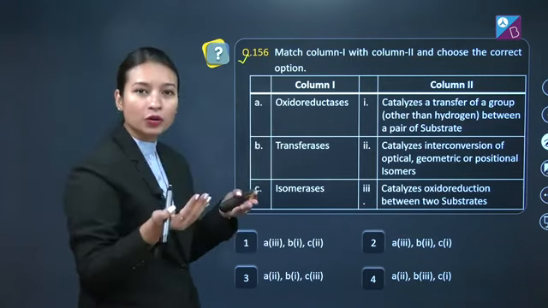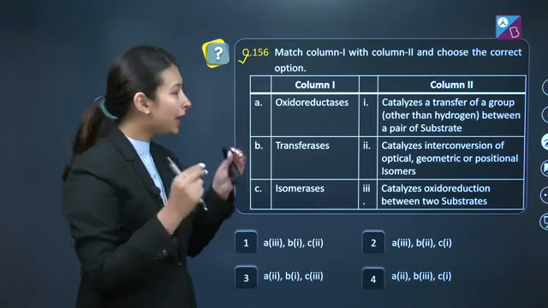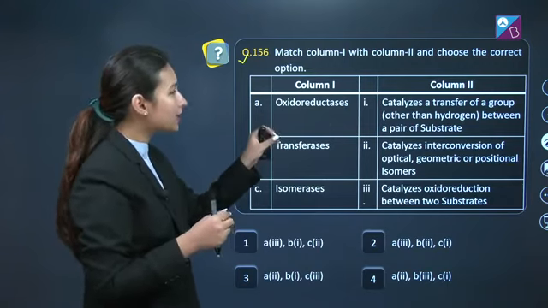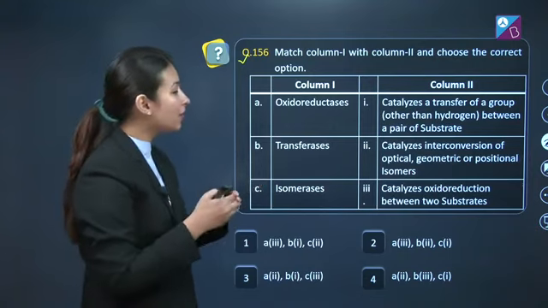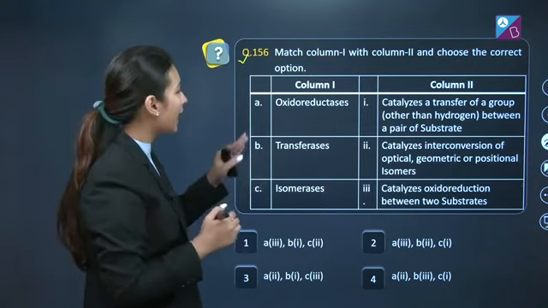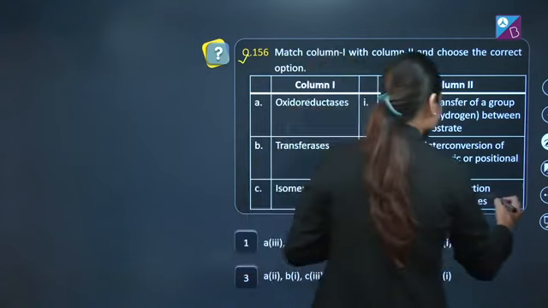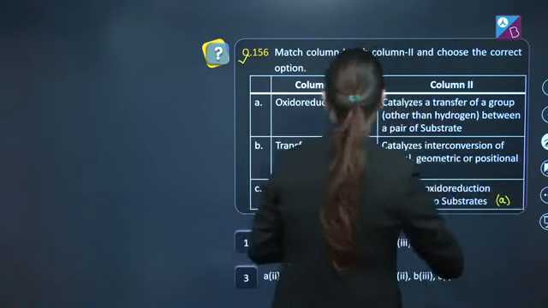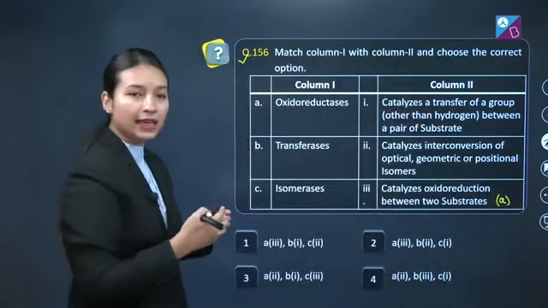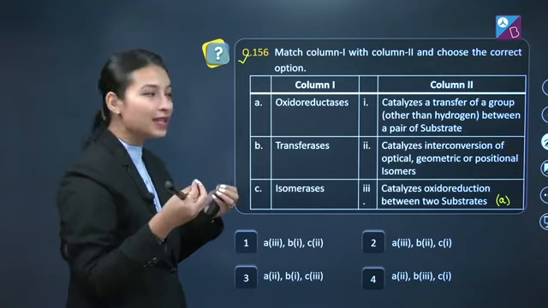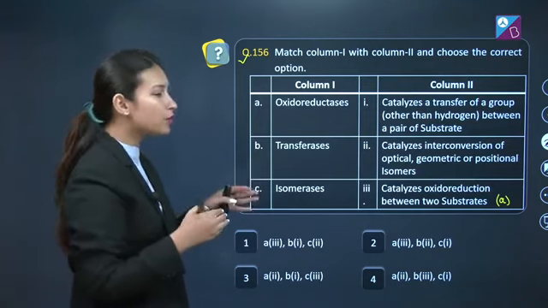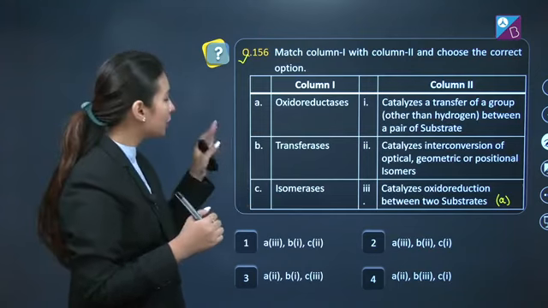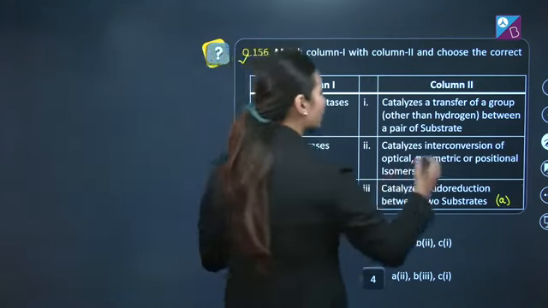Now these are also known as dehydrogenases, and oxidoreductases, as the name suggests, catalyze oxidoreduction between two substrates. So that's why A matches with 3. B here is transferases. Now as the name suggests, they catalyze a transfer of a group other than hydrogen between a pair of substrates. So that's why B here matches with 1.